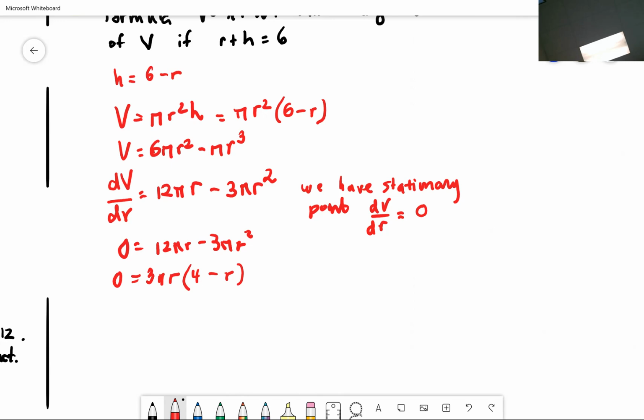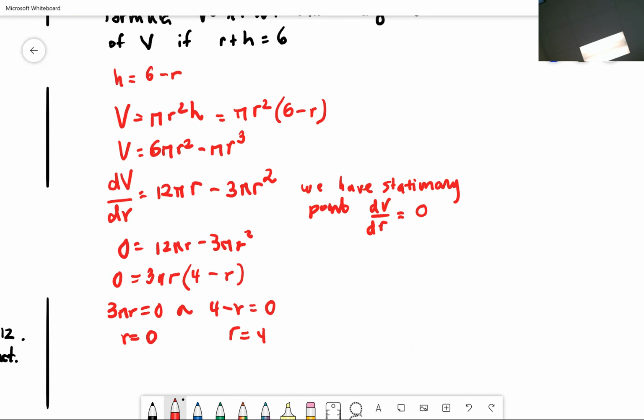So either you have 3 pi r equals 0, or you have 4 minus r equals 0. And you can tell that r is either going to equal 4 or r is going to equal 0. That's interesting, because what we saw here is that the original function was to the third power.